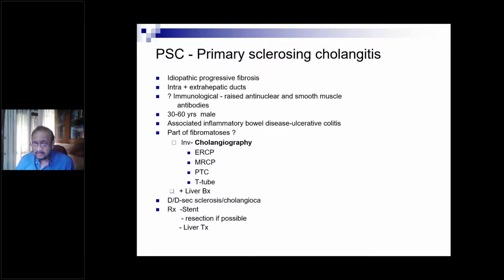Starting from top to bottom, the important ones I'm telling you, the first is Riedel's thyroiditis. It is a fibromatosis, right? Mediastinal fibrosis. Coming down, retroperitoneal fibrosis, the midline one. Now let's go away from the midline. From here, primary sclerosing cholangitis. What else is there?